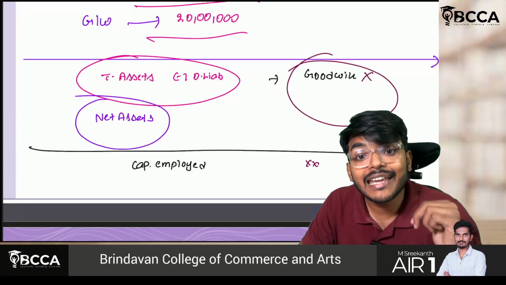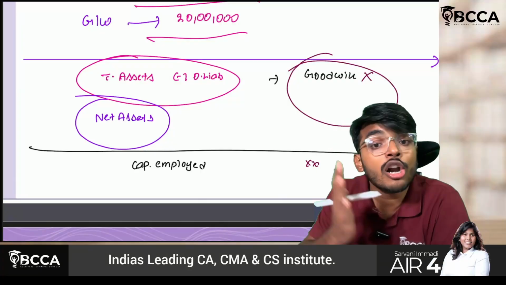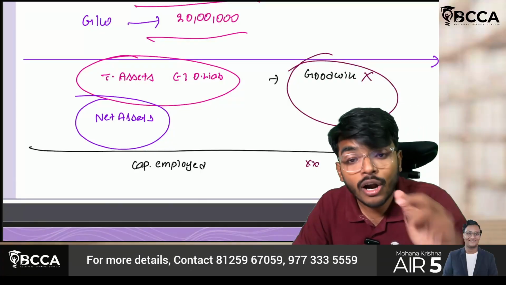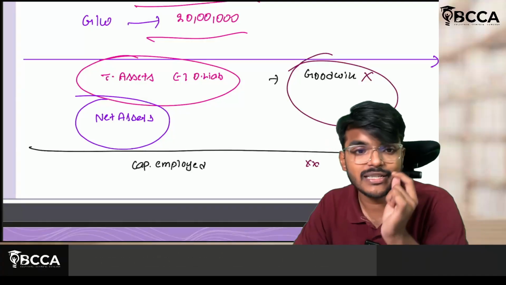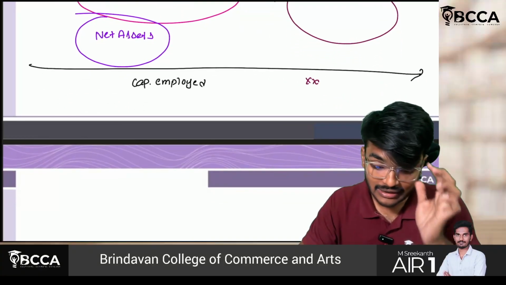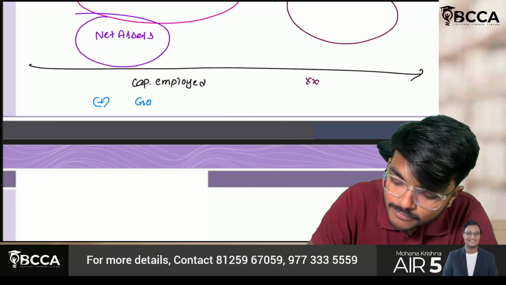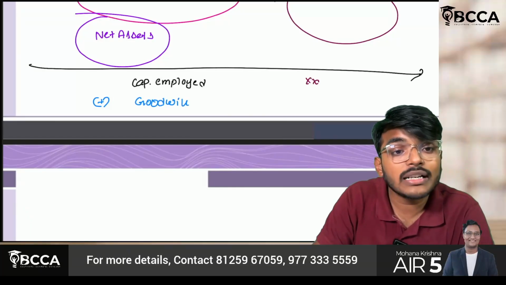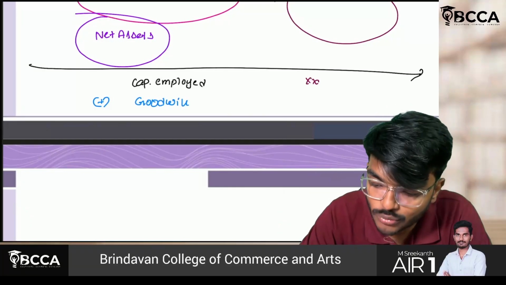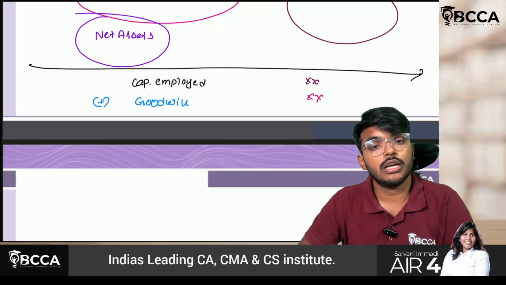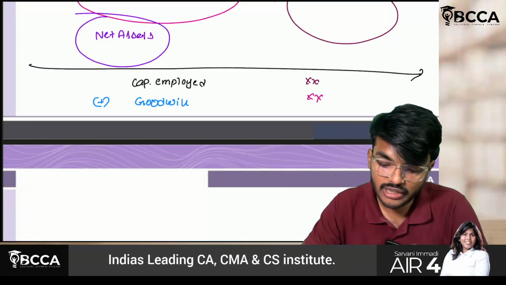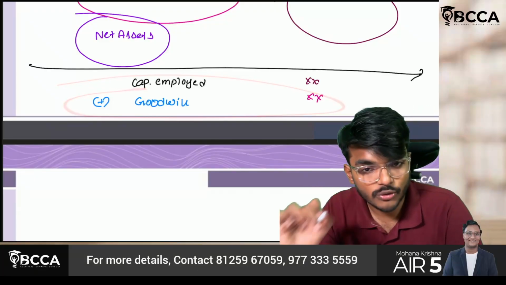We will be recalculating the goodwill on the date on which you want the valuation. So to this capital employed, I have to add the goodwill. Whatever goodwill you have calculated, you have to add this value of the goodwill. So this is the first adjustment you have to remember.